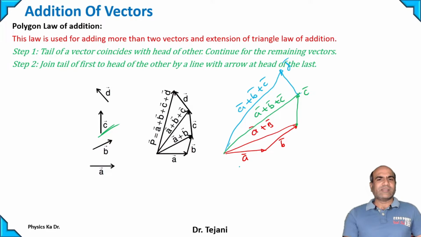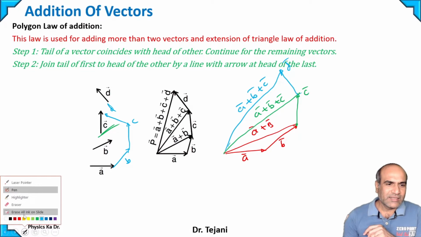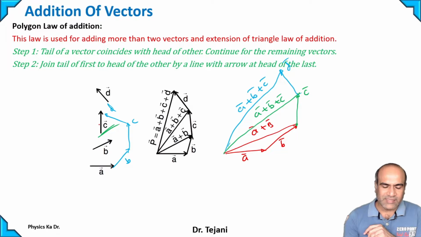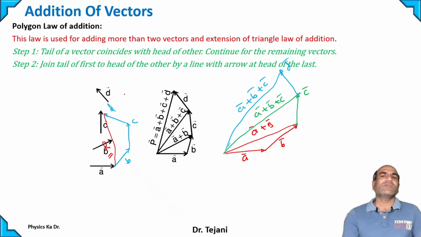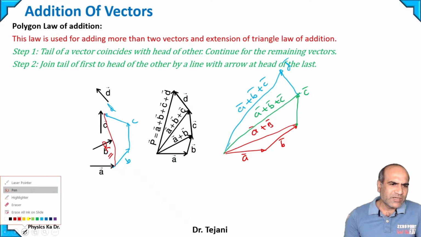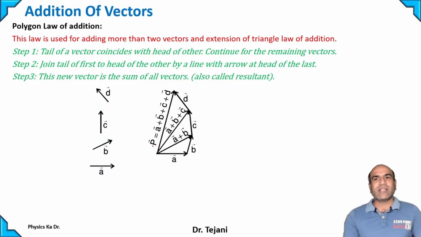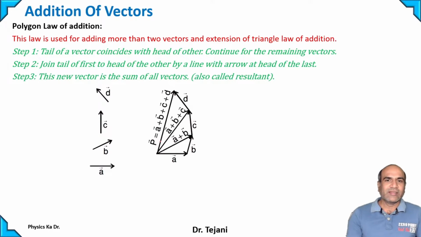You just join A with B, with C, with D, and the closing vector gives the final resultant of all the forces. You should use the graphical method. It is a very simple method, and this last vector gives us the resultant vector.